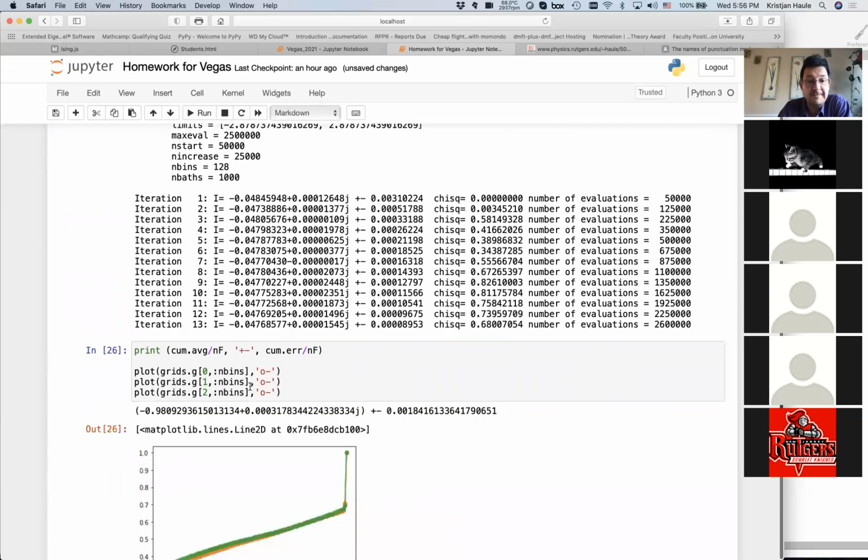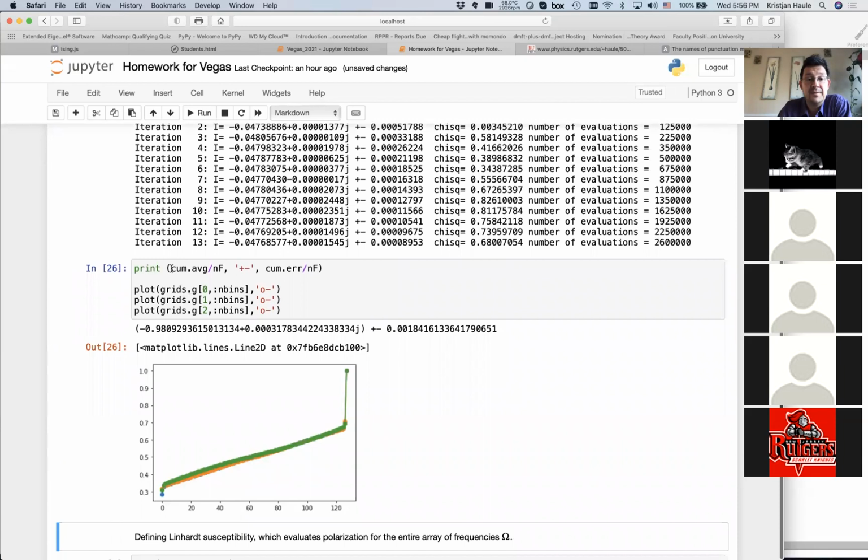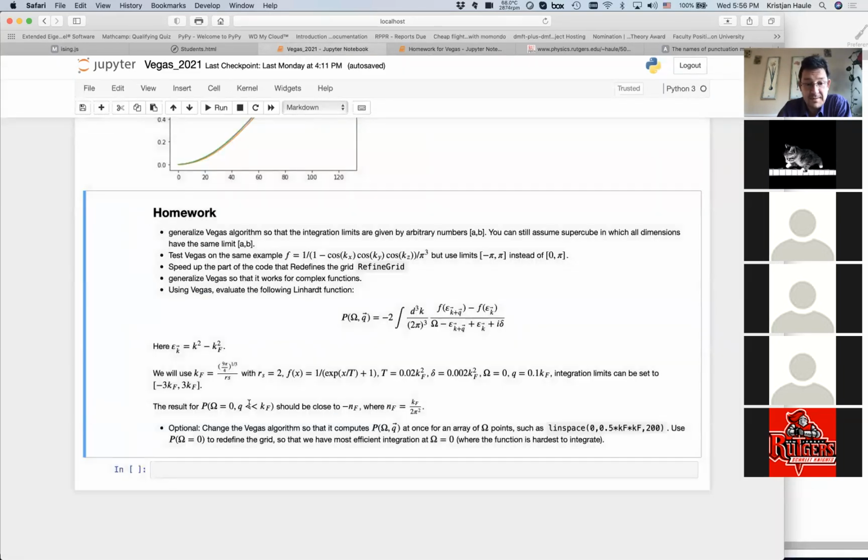Then if we print the final best approximation for the integral, which is the cumulant average, and if we divide this by the Fermi number of states at the Fermi level, nf, this should be close to -1, because the statement is that P of omega 0 and small q should be close to -nf, isn't it? So if we divide the integral by nf, we should get close to -1.